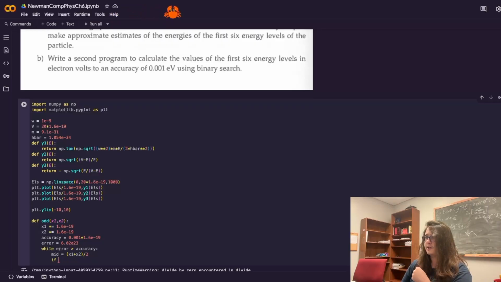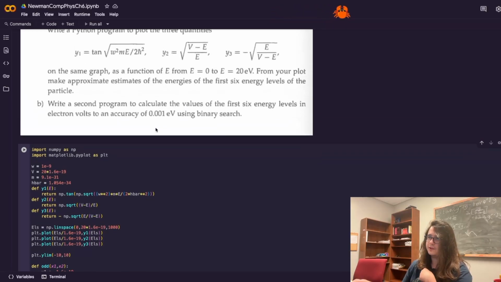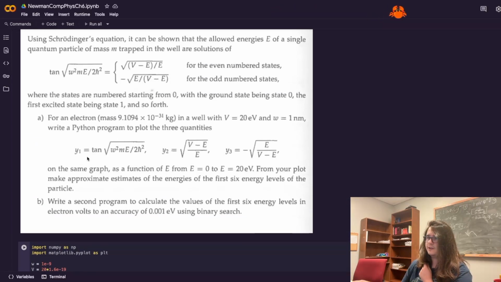If they have the same sign, then you set x1 equal to the midpoint. But the function that we are checking is the blue line, so y1. For the odd numbered states, you're checking for the solution against y3. So you solve it for 0, so you have y1 plus y3 equals 0.